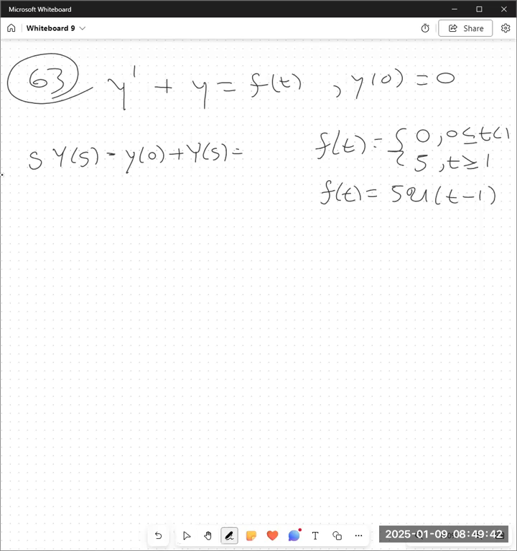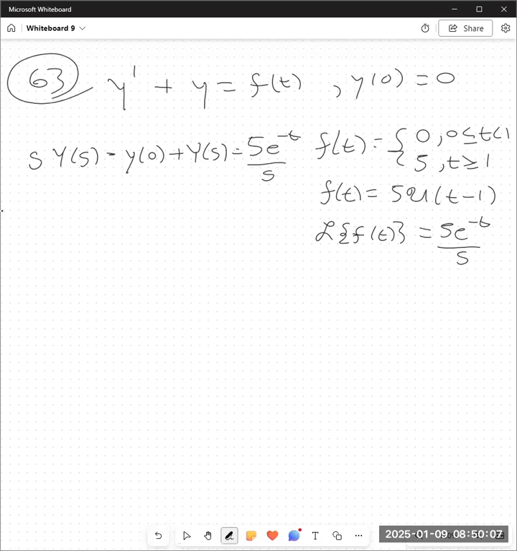So when we Laplace transform that, it's 5e to the negative s over s, for that side of the equation.